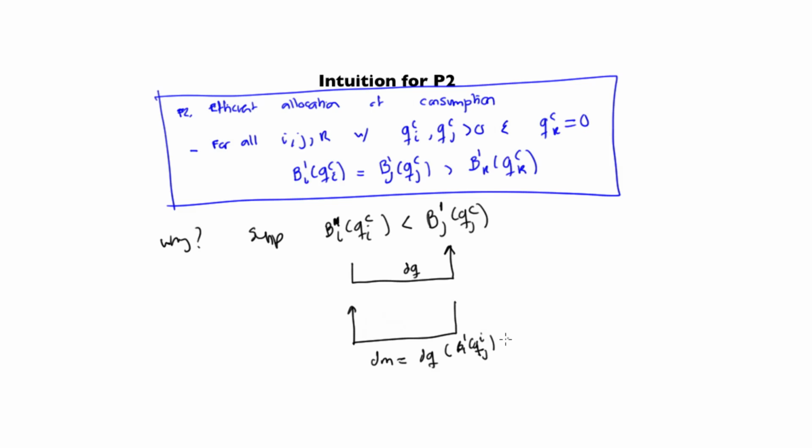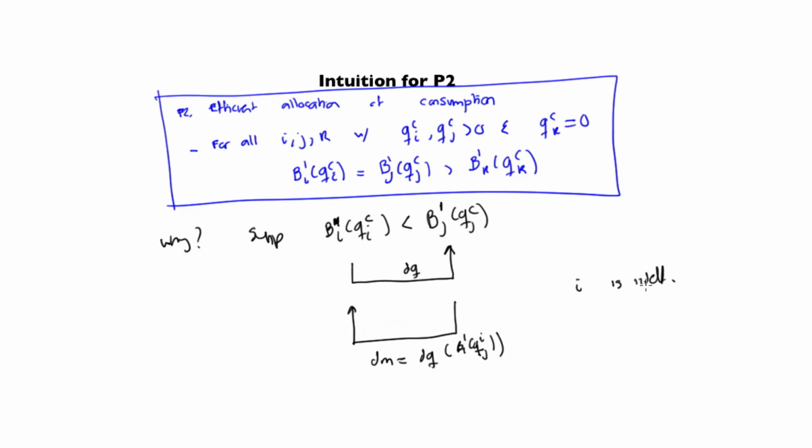Okay? So I'm proposing a trade that defines a new allocation that I claim is a Pareto improvement. Why is that? Well, notice the impact on the welfare of person I. We're taking this much out, so its total impact on welfare is minus dq times this, but we're compensating him with exactly the same amount in cash. So person I is indifferent.